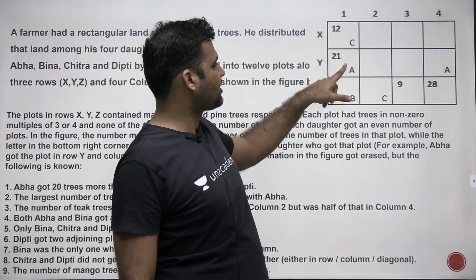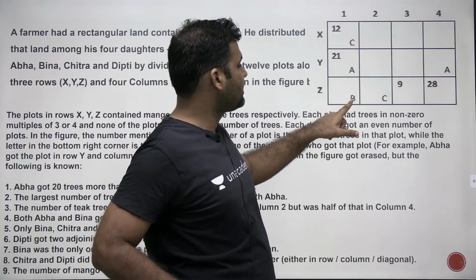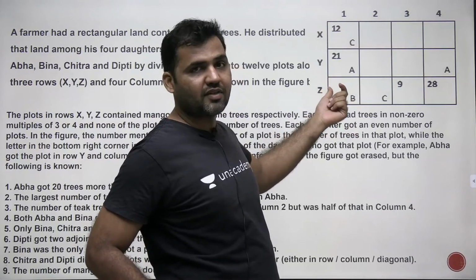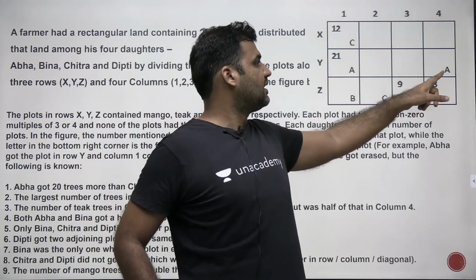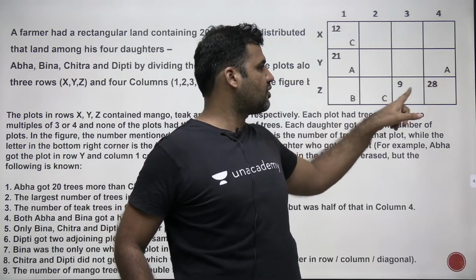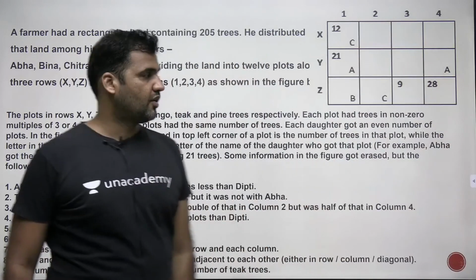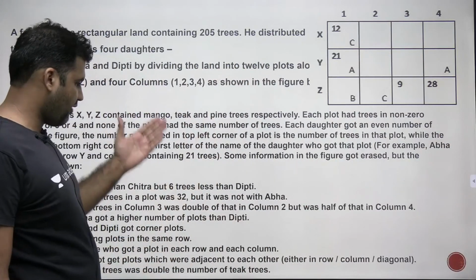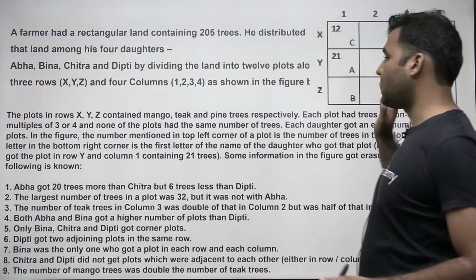This plot has been assigned to Abha, which contains 21 trees. This plot is assigned to Bina, but we don't have the number of trees here. No mention of number of trees here. This is assigned to Abha. We have the number of trees here, but not the name. And all these values are missing. Now, with these instructions that have been given over here, you are supposed to fill in this whole matrix.